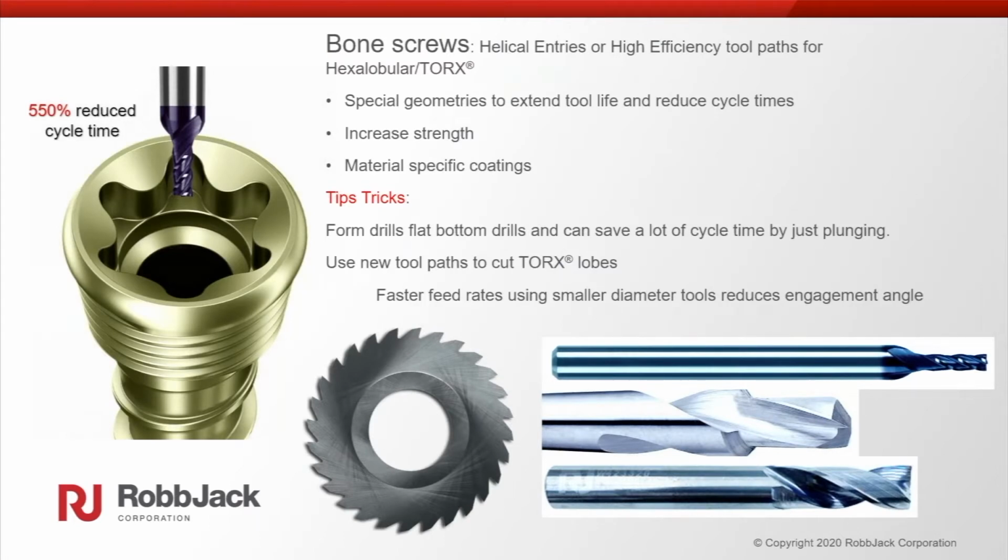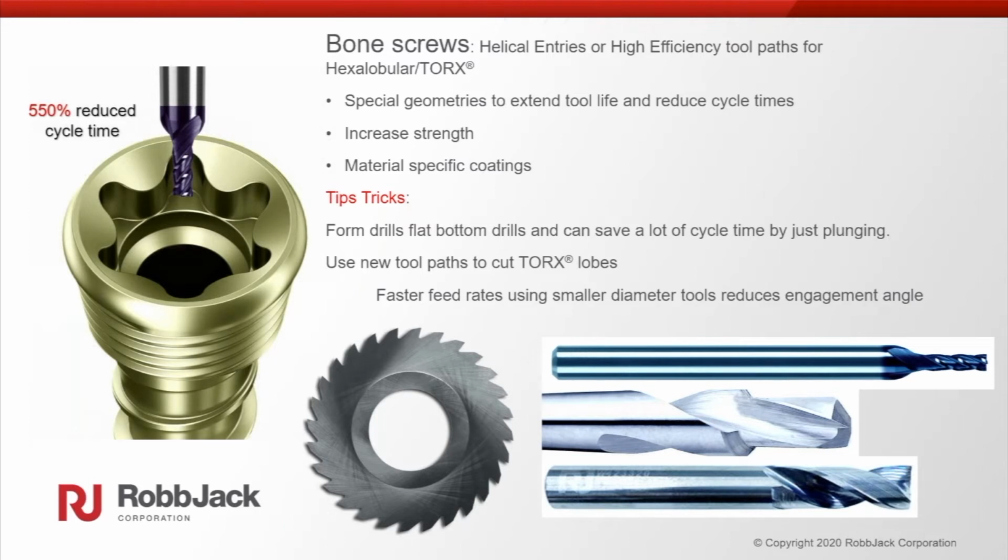Here's a medical part example of like a bone screw. We talked about that Torx or hexalobular shape. And in this example, we were able to get a 550% reduced cycle time by utilizing that new technology, by using specialized geometries that were designed for that type of cutting.